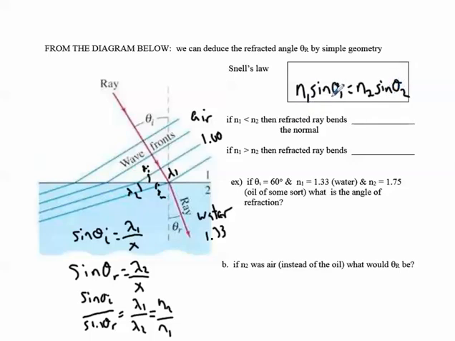That means that the incident angle has to be bigger than the refracted angle in order to get an equality here. What that translates to is anytime you enter a greater index of refraction, your refracted angle is going to be less than your incident angle, or put another way, the refracted ray bends toward the normal.